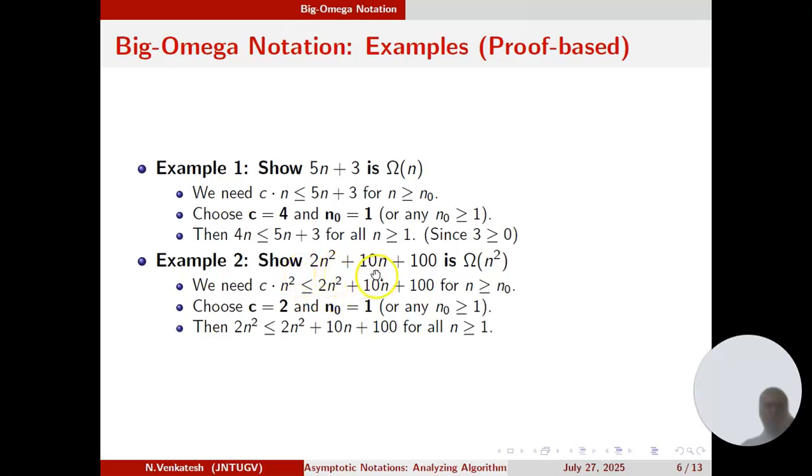Similarly, 2n square plus 10n plus 100 is greater than or equal to some c into n square. If we choose c as 2, then 2 into n square for all n greater than or equal to 1. So we can say that 2n square plus 10n plus 100 is big omega of n square.